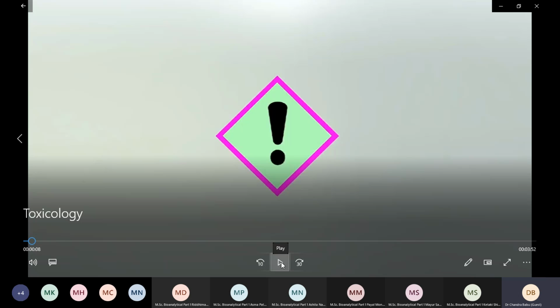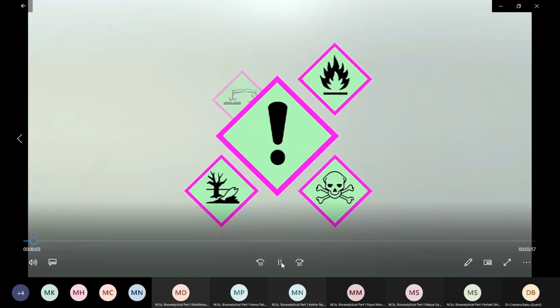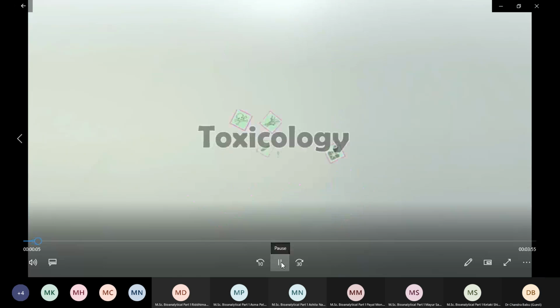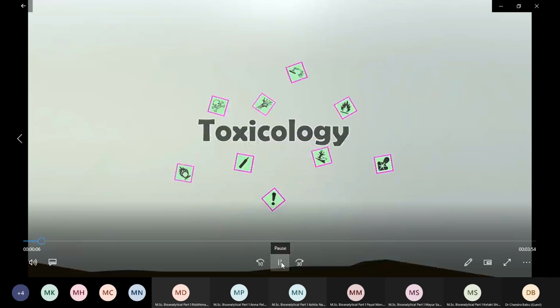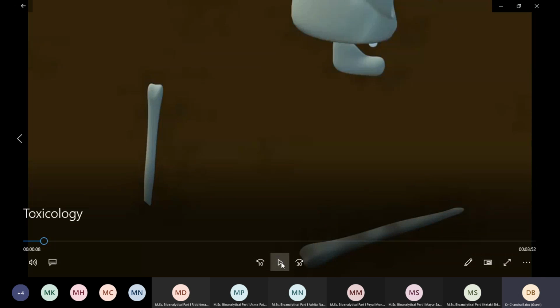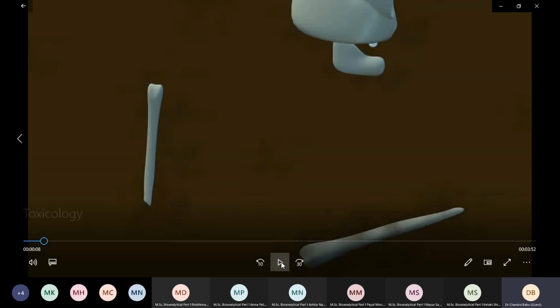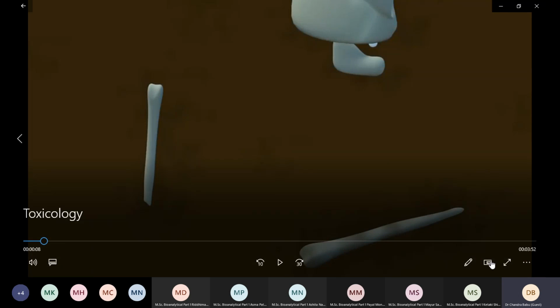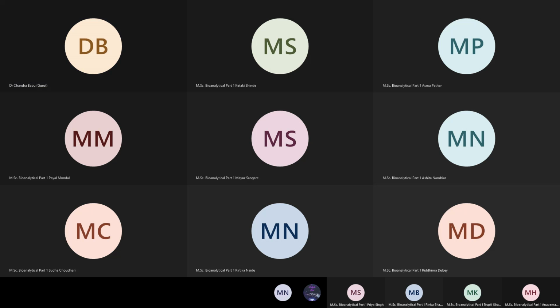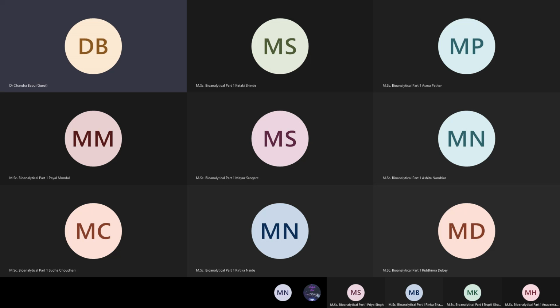Okay, let me play, beta. Just see if you can hear. Now you can hear? No, sir. Did you select the include computer audio option while screen sharing? Yes, beta.